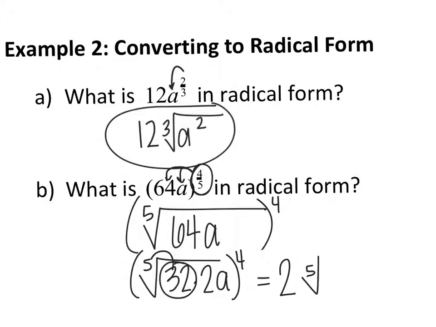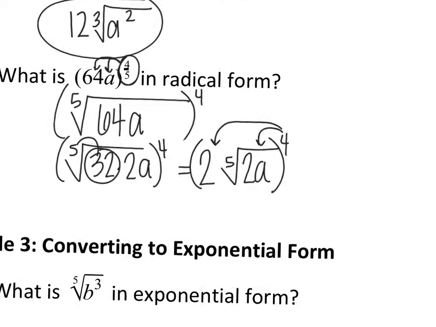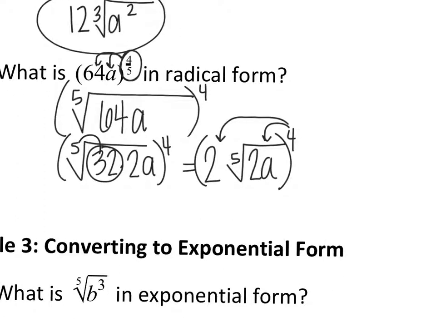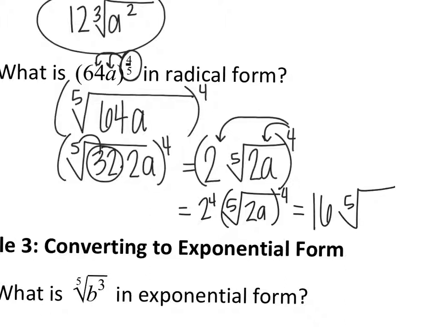We're going to leave the 5th root of 2a underneath, and everything is still to the 4th power. Everything inside the parentheses gets the exponent. So that's going to be 2 to the 4th power and the 5th root of 2a to the 4th power, which is 16, and the 5th root of a to the 4th power.